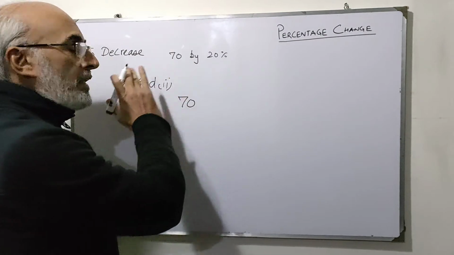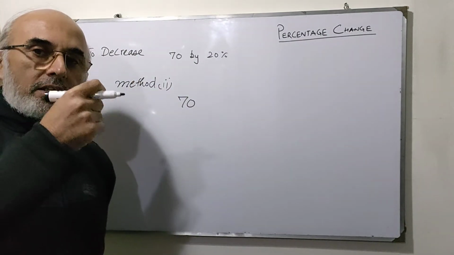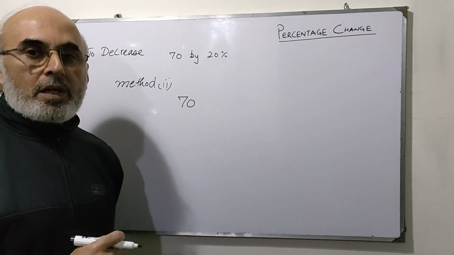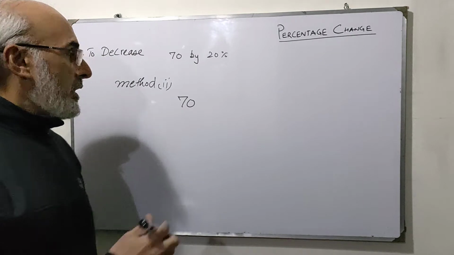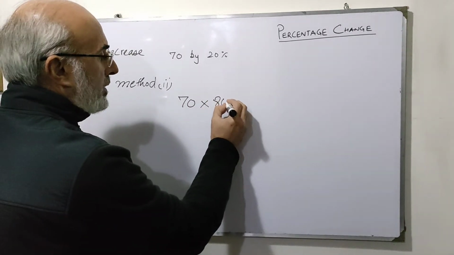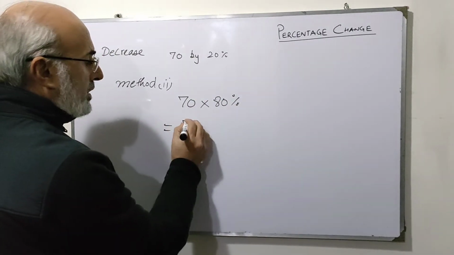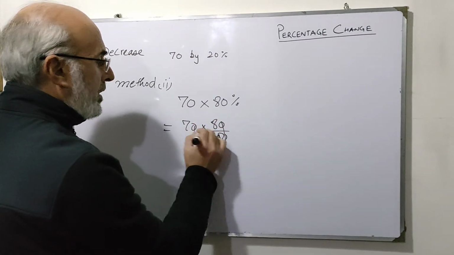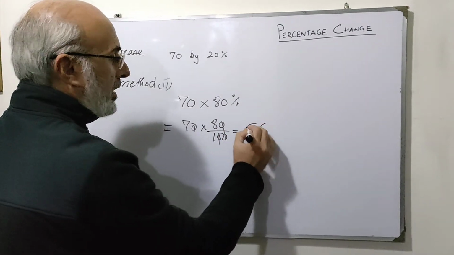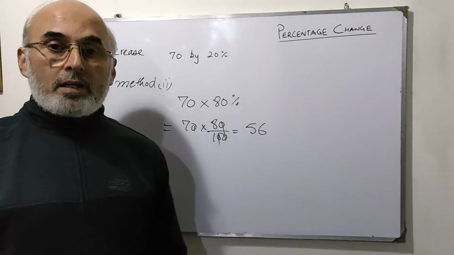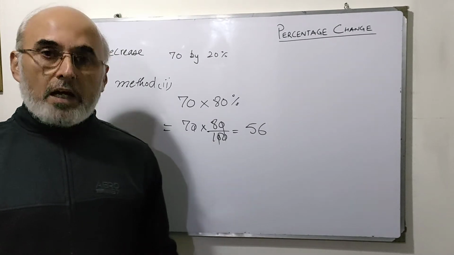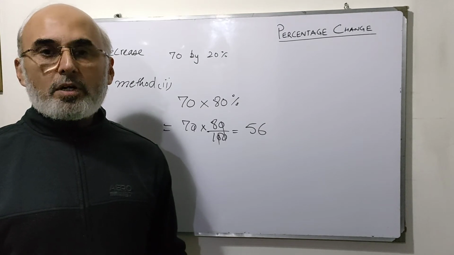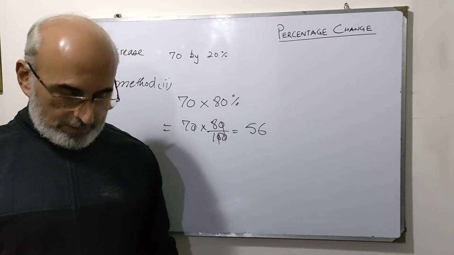This is whole, this is 100%, and we have to decrease it by 20%. So it will be 100 minus 20. So 100 minus 20 is 80. So into 80%. So 70 into 80 over 100, we have 56. Direct method. Hope you got the idea how to increase any value by a certain percentage or decrease a number by a certain percentage.